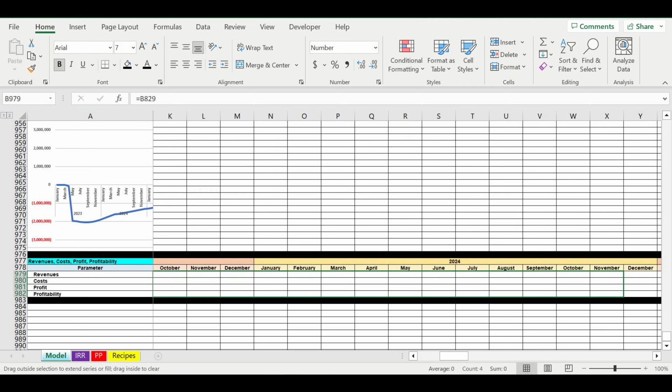So now we can see very simple things. What are the revenues? What are the expenses monthly? What is the profit? What is the level of profitability? We can see this stuff monthly.